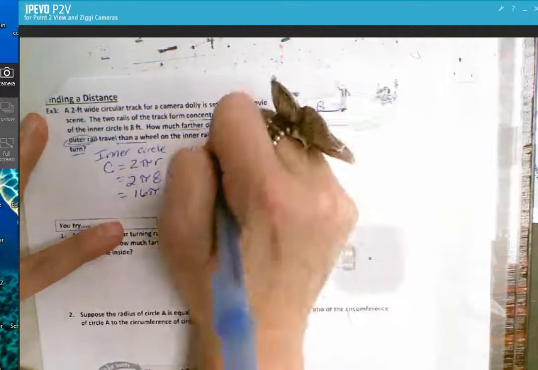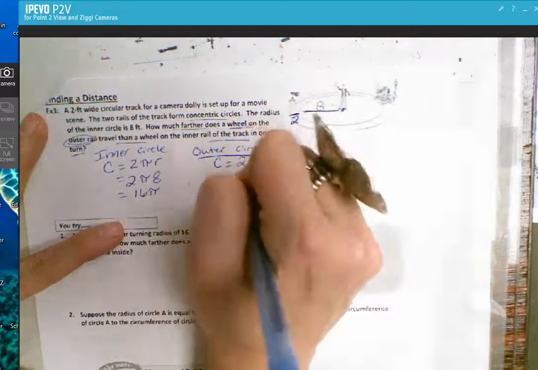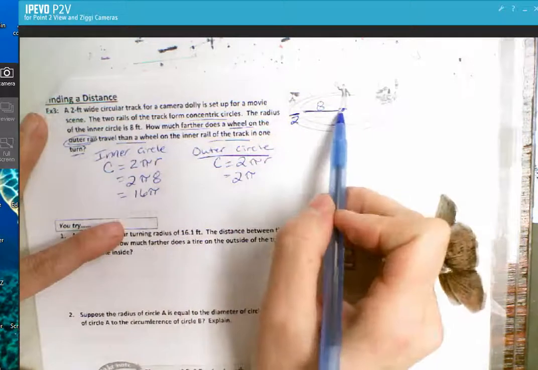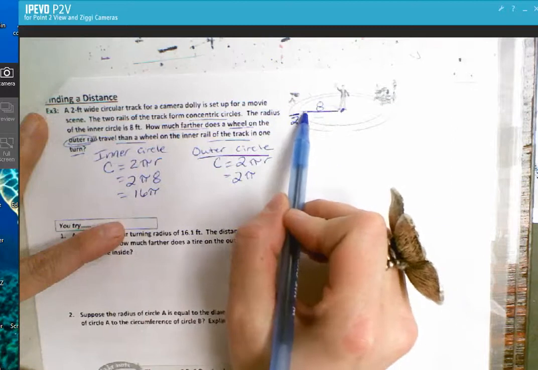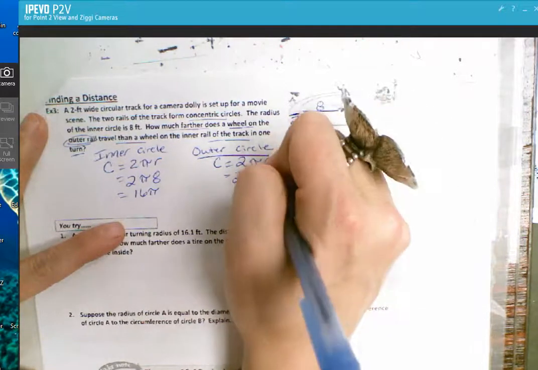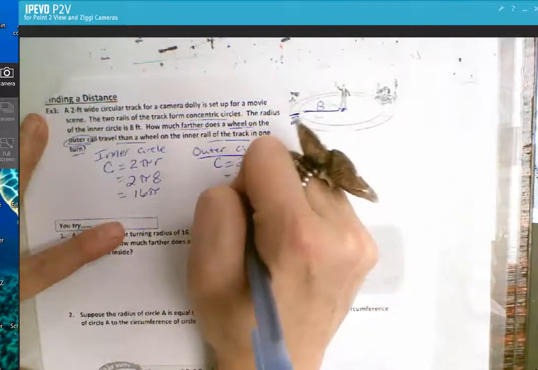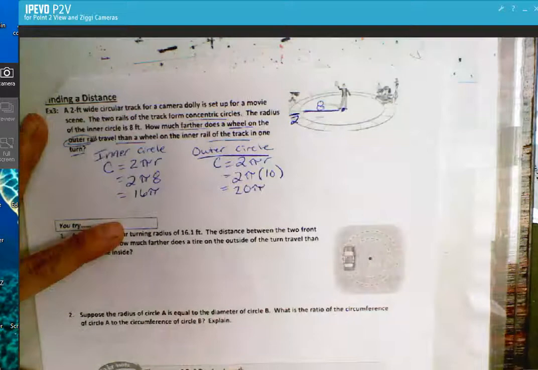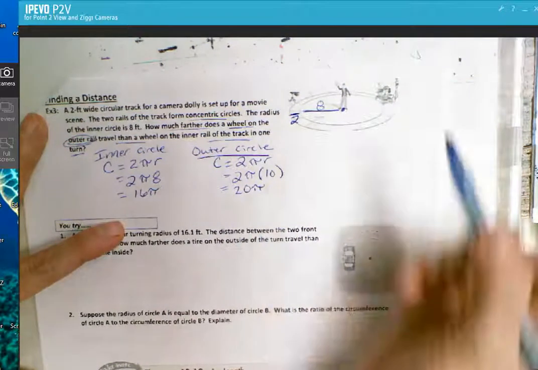The outer circle, again, the circumference is 2 pi r. And then I just have to substitute in what I know. 2 pi. The radius in this case, I have a center that's shared, so they're concentric. I go 8 plus another 2. So my radius for the outside is 10, which means that the circumference is 20 pi. If I want to figure out how much farther that outside wheel goes, I just take the difference.